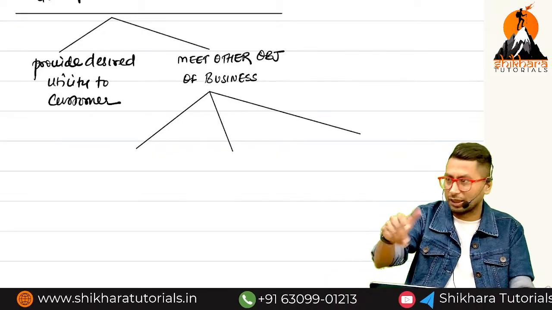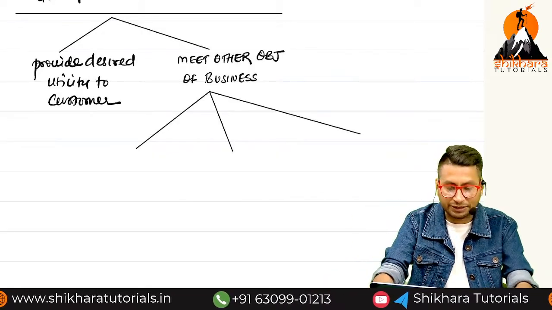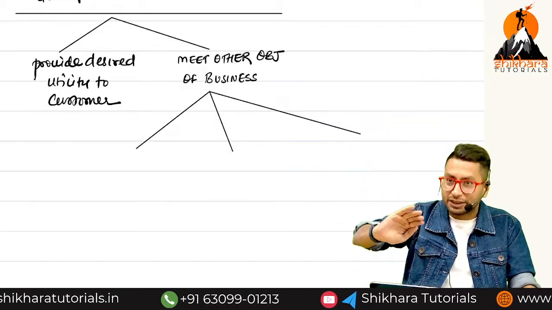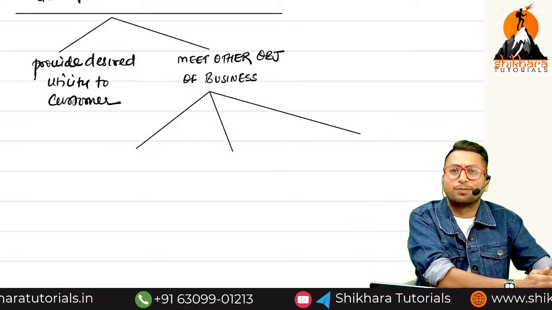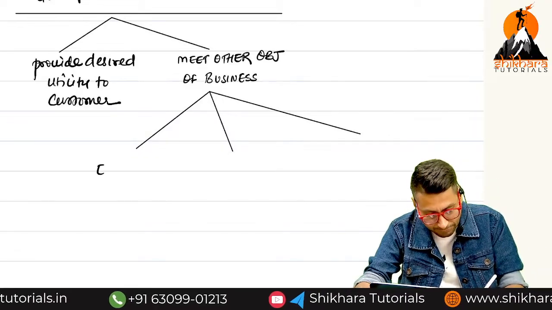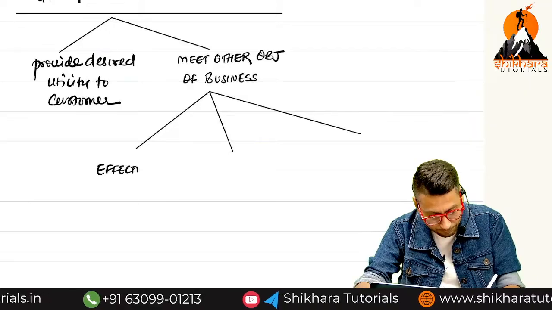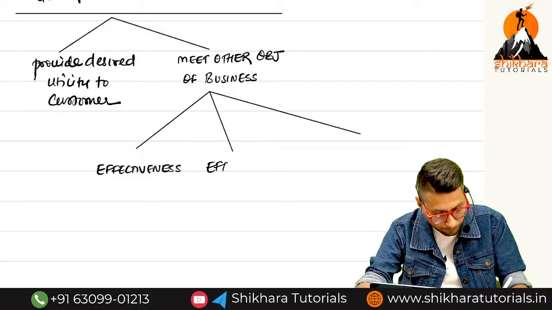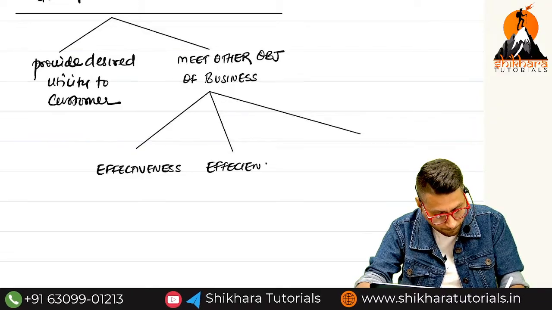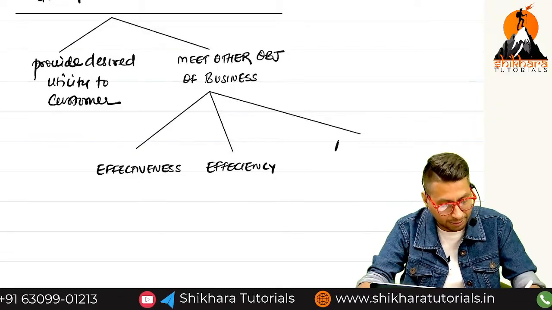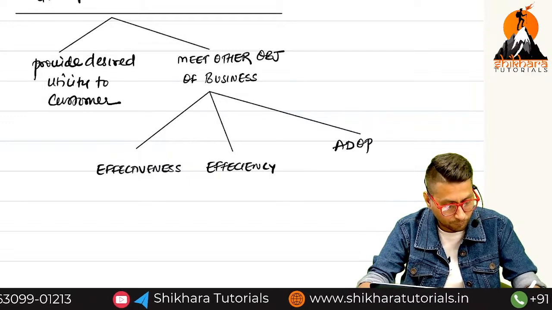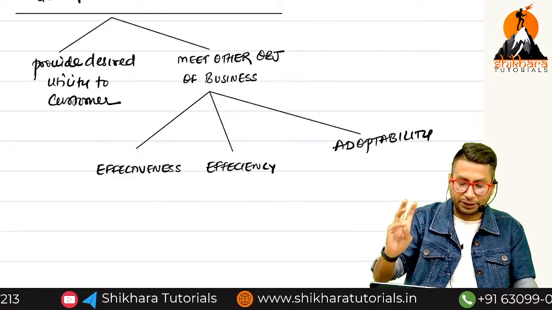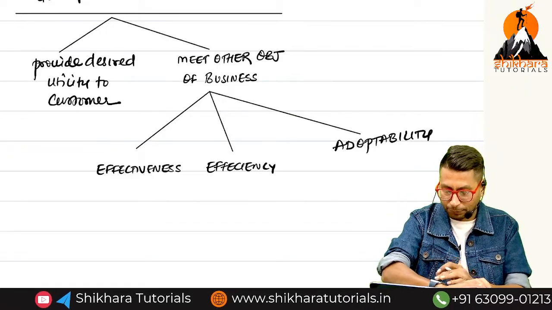What are the main objectives? Customer satisfaction, resource utilization. In addition to that, some miscellaneous important objectives are effectiveness, efficiency, and adaptability. How many are there? 3. Effectiveness, efficiency, adaptability.